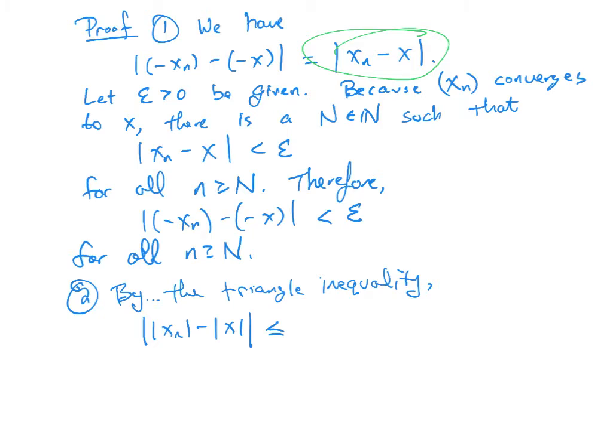That version isn't going to work too well. So yes, the standard version of the triangle inequality tells us this. But that's not going to work too well because if x is large, then this quantity is never going to be small. There's another version of the triangle inequality that will help us here.